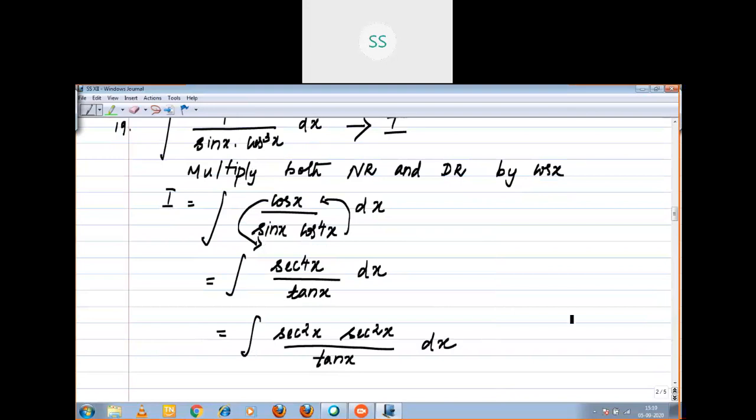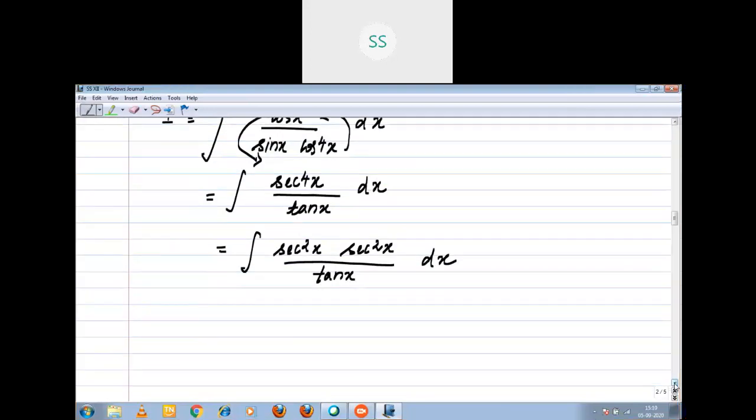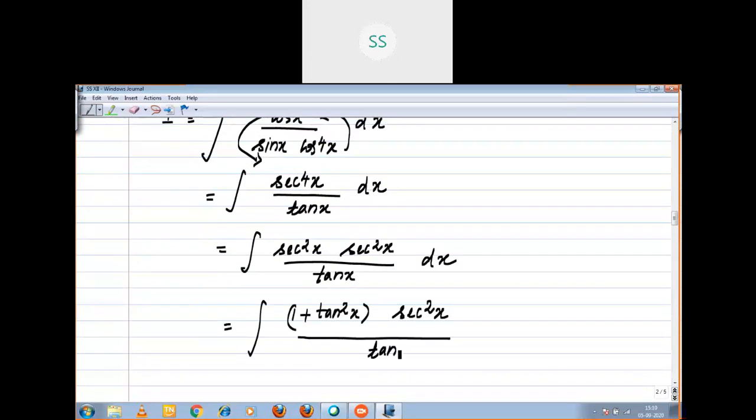Now one secant square I am going to replace using the identity: integral of 1 plus tan square x, then the other secant square as such I am going to keep, divided by tan x.